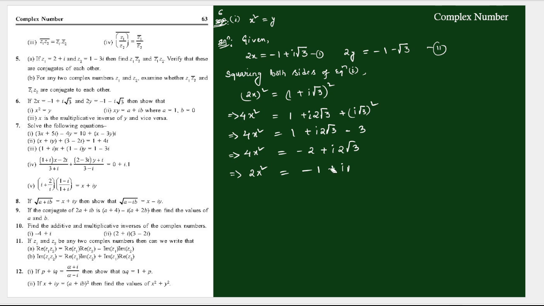I made a mistake. Our x is minus 1. This is where I made the mistake. So this will be minus 1.